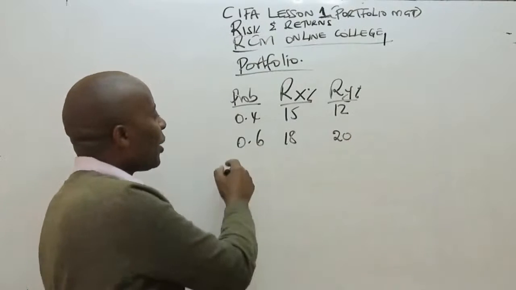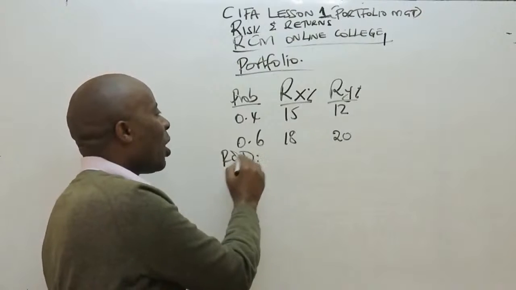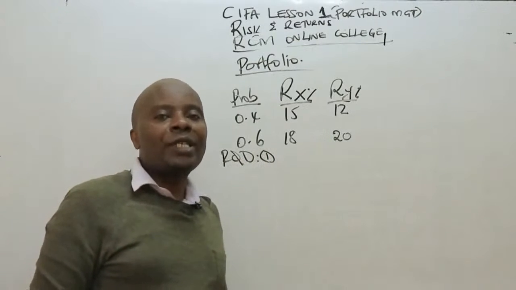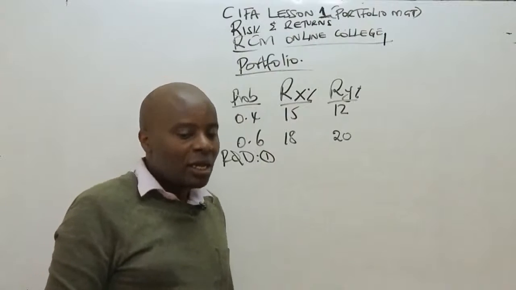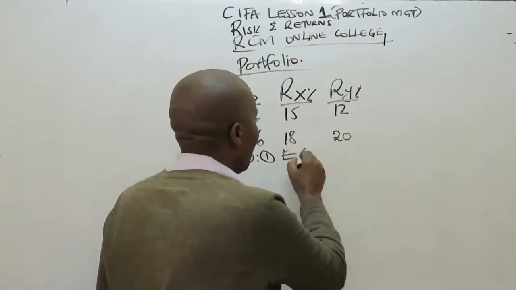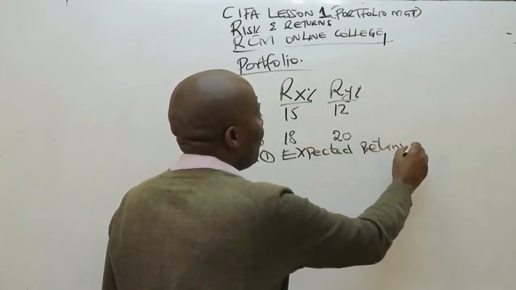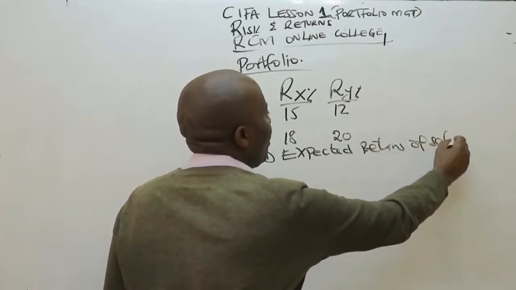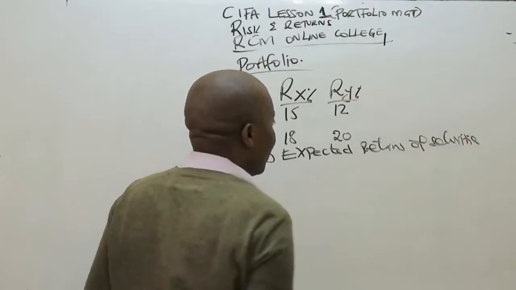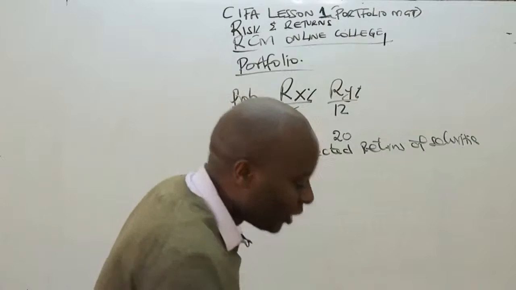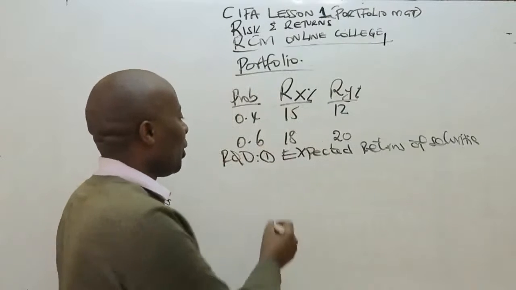So we are required to do a few things here. We are required, number one, to ascertain the expected returns of the securities. So how do we get the solution?